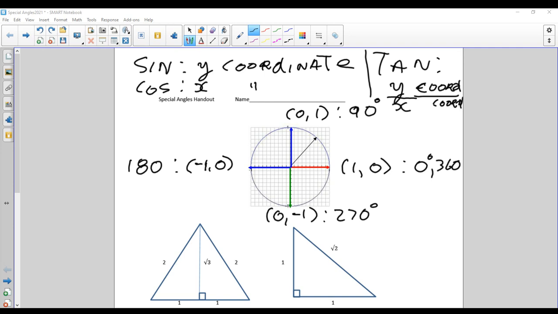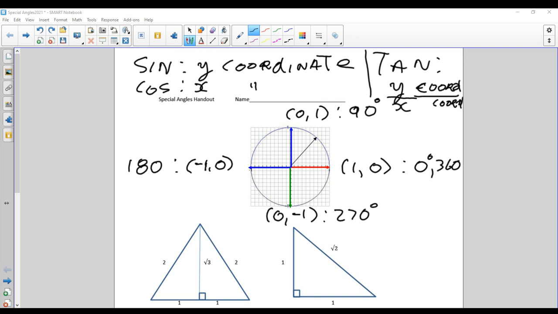Let's keep going. The tangent. What should I get if I hit the tangent key for 0 degrees? I said the tangent is a y divided by the x. So what should the tangent of 0 degrees be? Yes, Masumi. Should be what? Sorry? Should it be 1? No, I'm going to disagree with that.